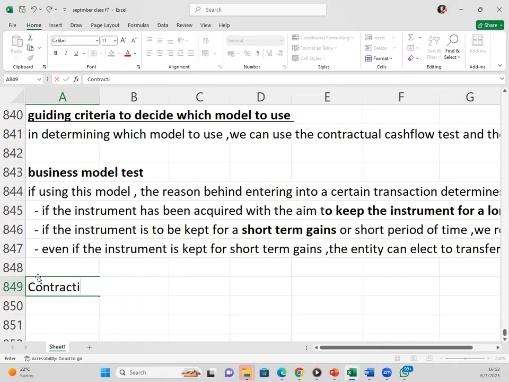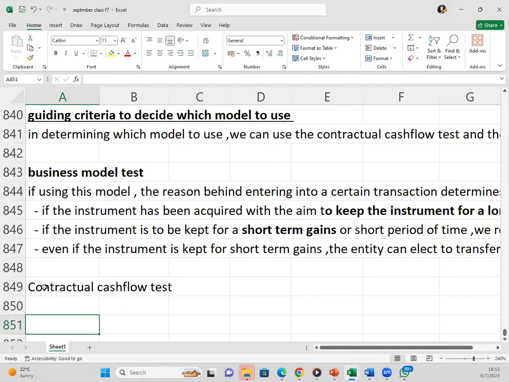So the other one is called the contractual cash flow test.